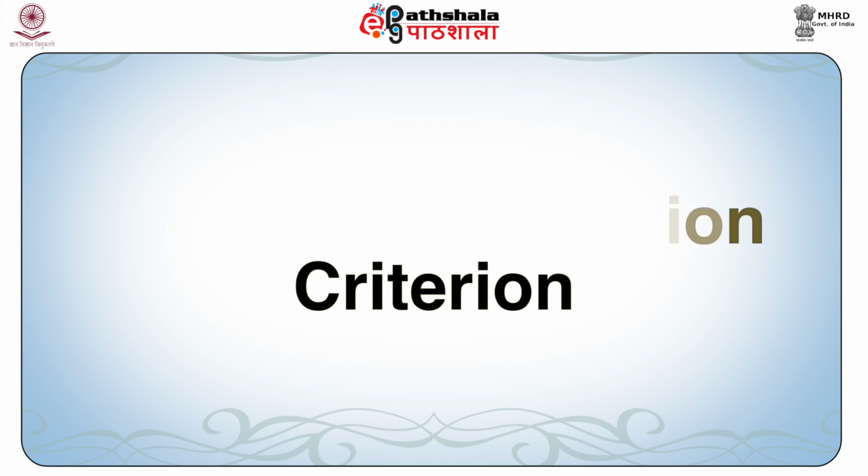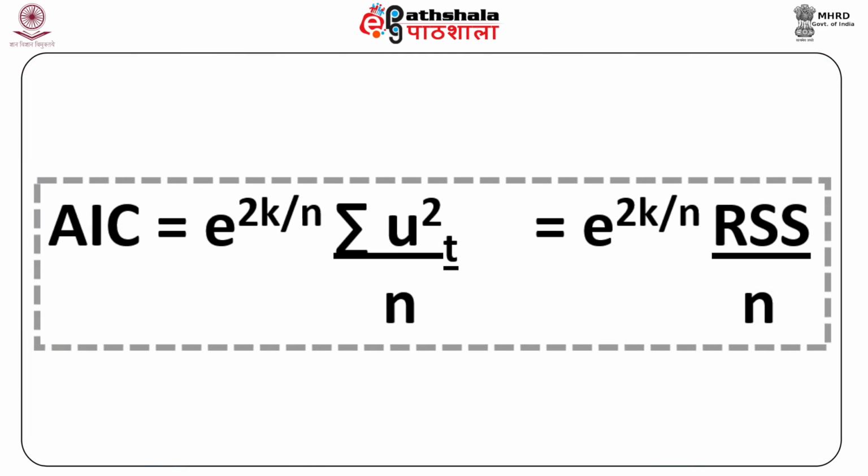Akaike's information criterion. The idea of imposing a penalty for adding regressors to the model is further established by the AIC criterion, or Akaike information criterion, which is defined as AIC is equal to e to the power 2k divided by n, summation u t square divided by n, which is equal to e to the power 2k divided by n times RSS, or residual sum of squares, divided by n, where k is the number of regressors and n is the number of observations.